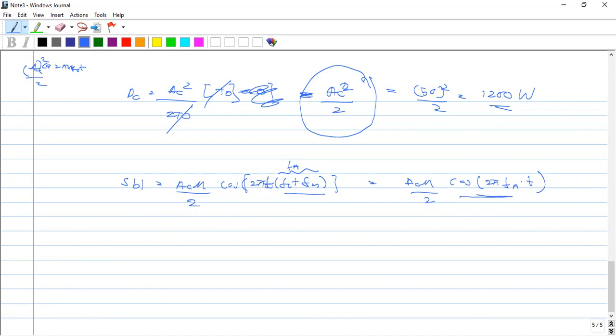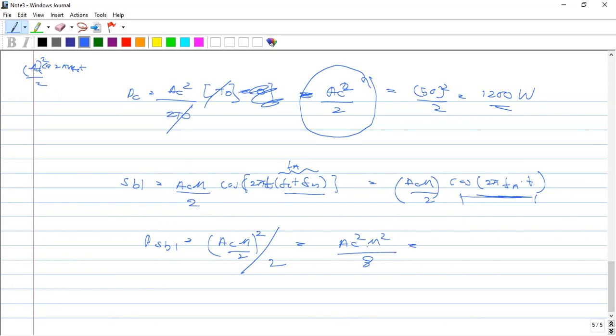You can see that this is also a sinusoidal signal, so you no need to evaluate the integration. You can simply take the amplitude squared divided by 2. So the power of SB1 is (Ac mu by 2) squared divided by 2. So you will get Ac squared mu squared, here 4 times 2 means 8, by 8.